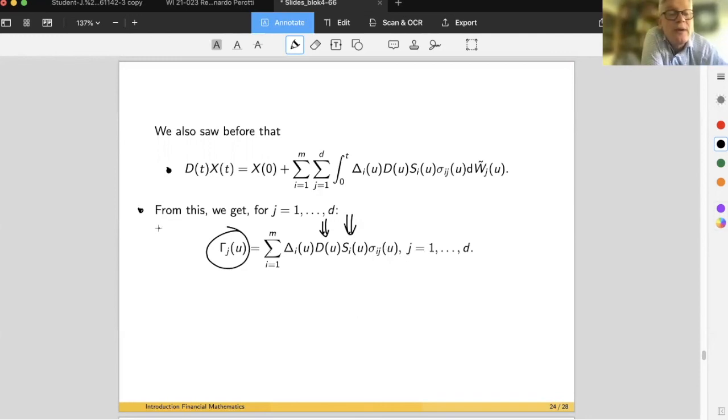So the martingale representation theorem tells us there is a gamma, and it looks like this.